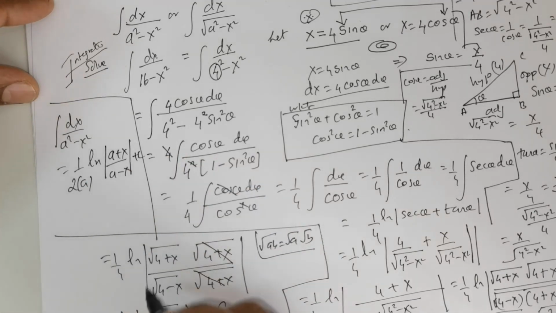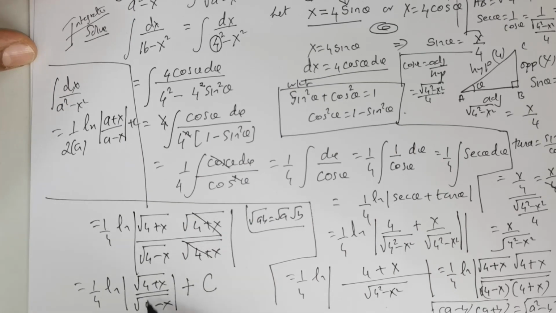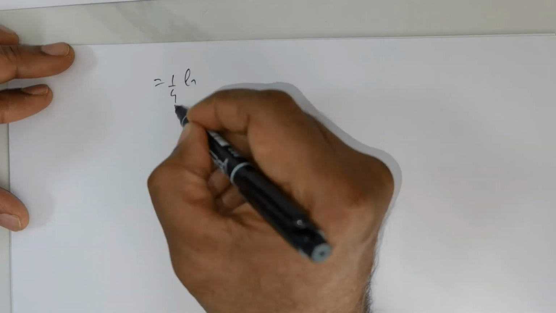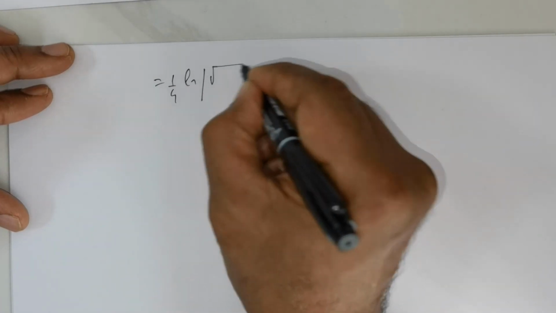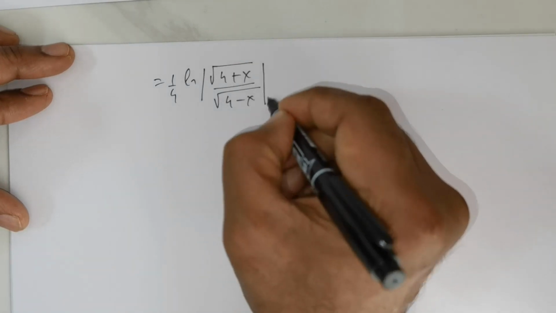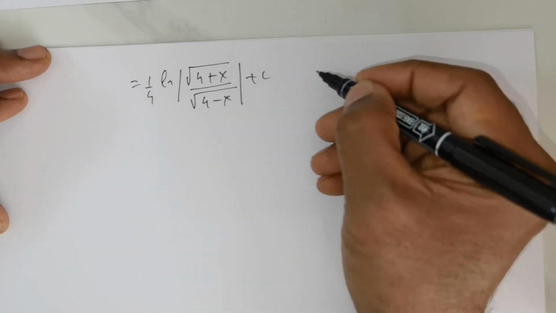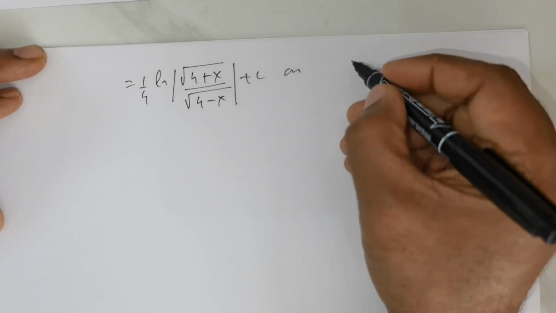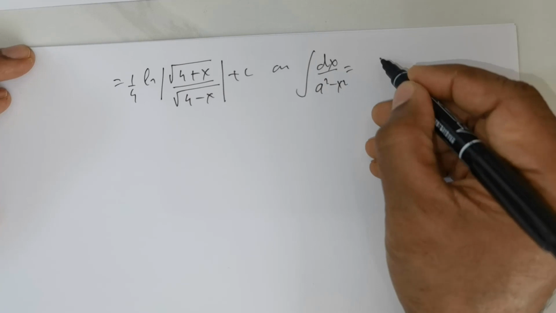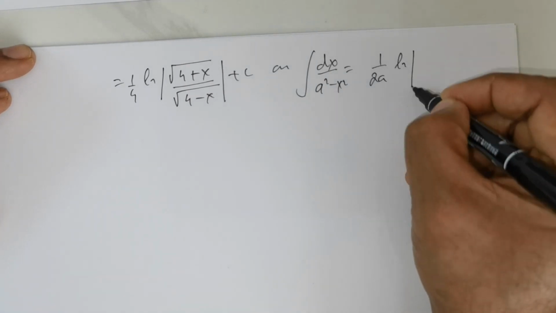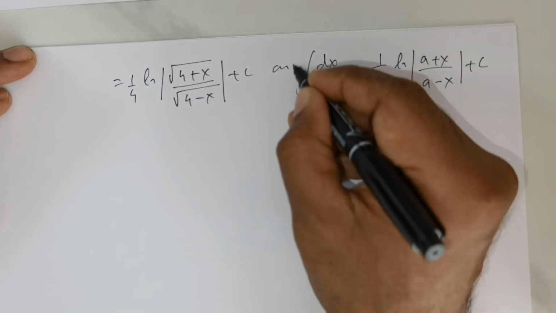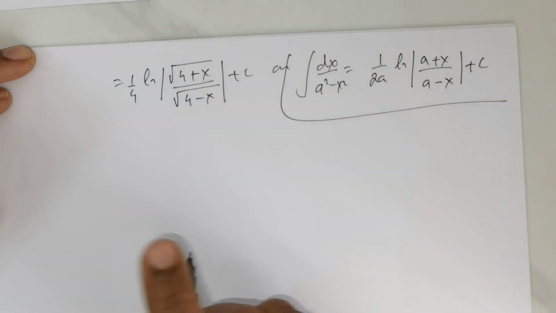So if you want to split this in this fashion, I want to rewrite this final answer, 1 over 4 times ln modulus of root of 4 plus x divided by 4 minus x plus arbitrary constant c, using the formula: integral dx over a squared minus x squared is nothing but 1 over 2 times a ln modulus of a plus x divided by a minus x. So how do I do that?